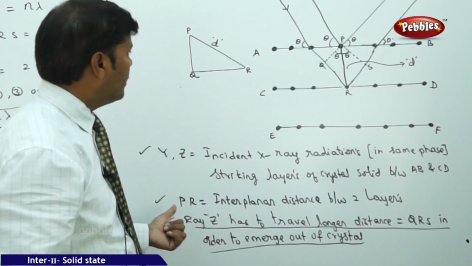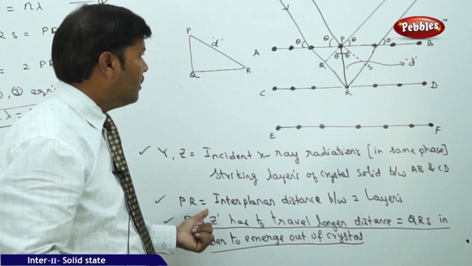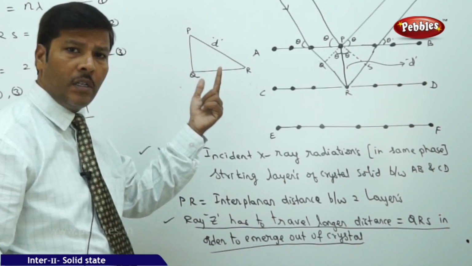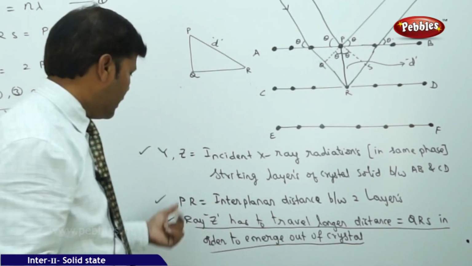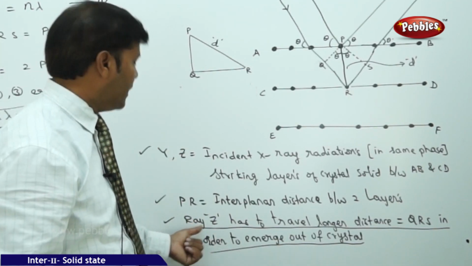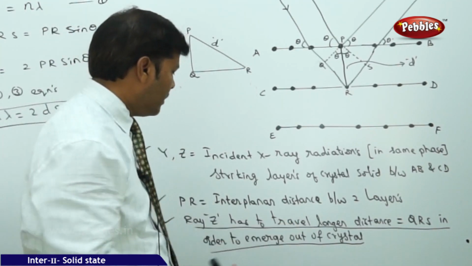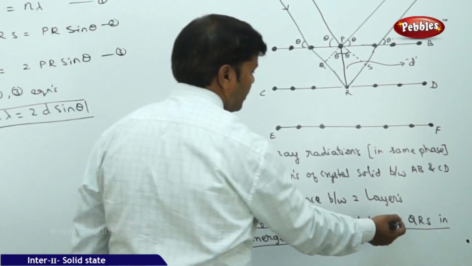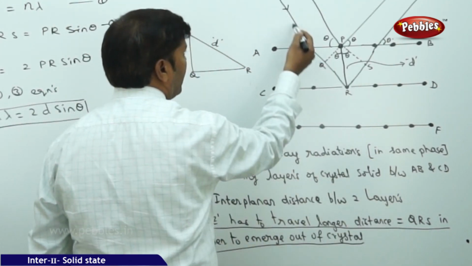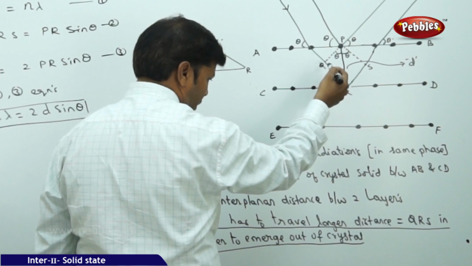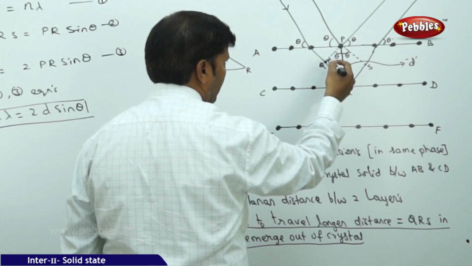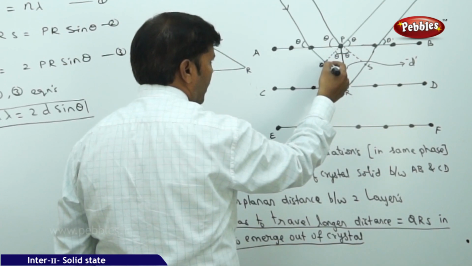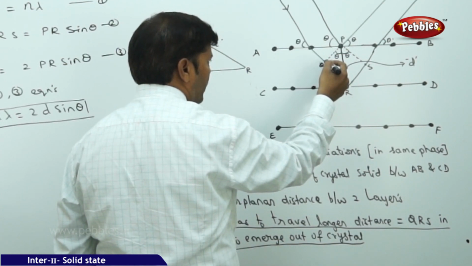The radiation, if you take PR between the two layers, that is the interplanar distance between the two layers, and the ray Z has to travel a longer distance, Q, R and S. If you draw a perpendicular from P, a point Q is observed.